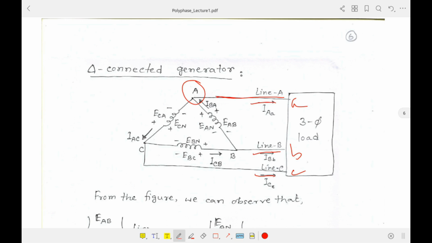For IAA, you can understand that this current IBA is in this direction and IAC in this direction. So obviously you can apply Kirchhoff's current law, and then you can identify the value of IAA. And obviously this is not directly equal to IAB or ICA. That's why the line current and phase currents are different for delta connection, but the voltages are equal.